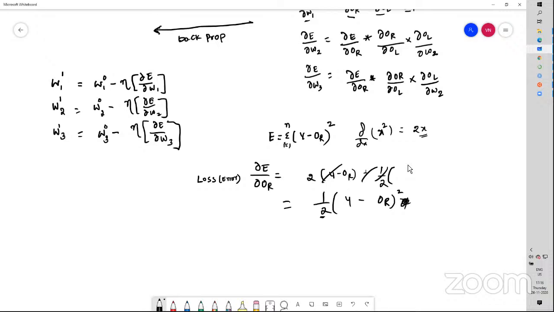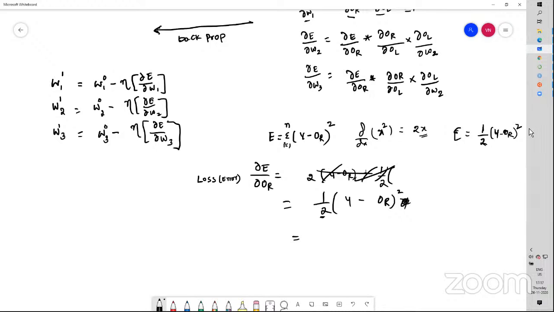The cost function that we are going to write is E is equal to 1 by 2 of y minus OR whole square. Y is our original value, OR is the output generated, so we are squaring that. And I am adding 1 by 2 over here for faster optimization.